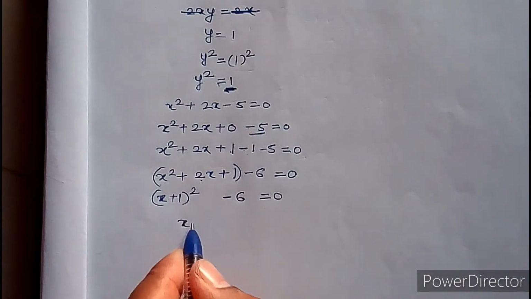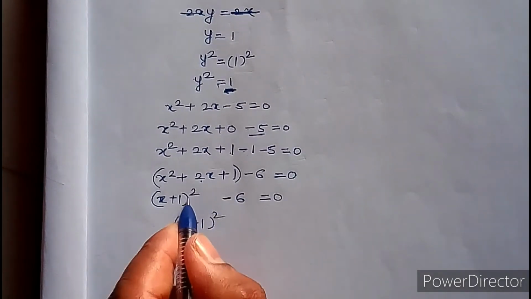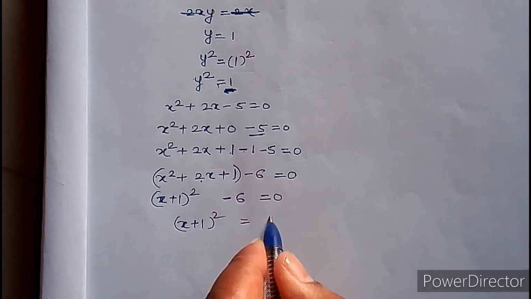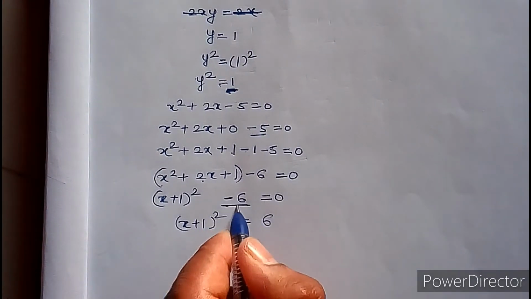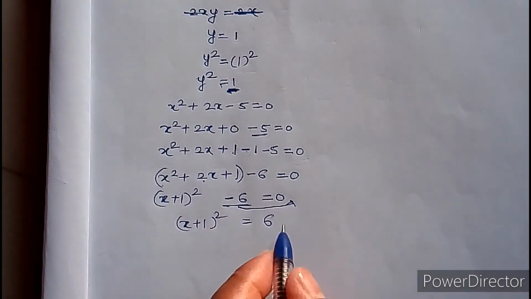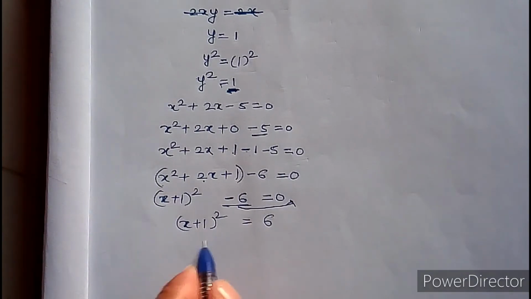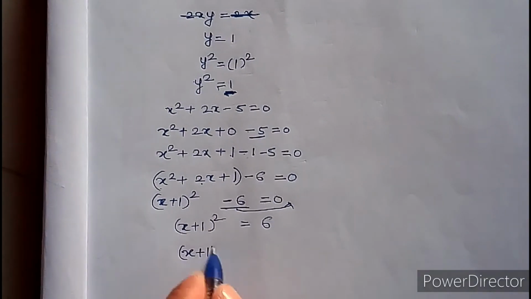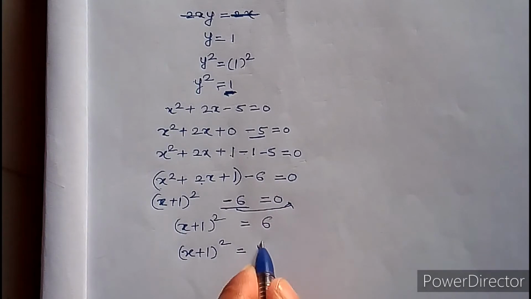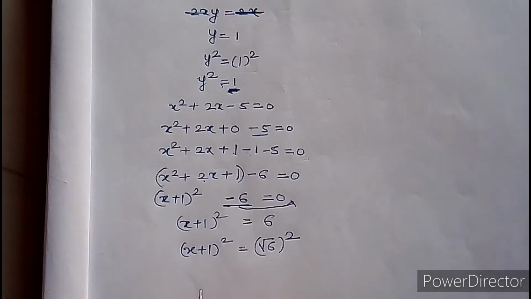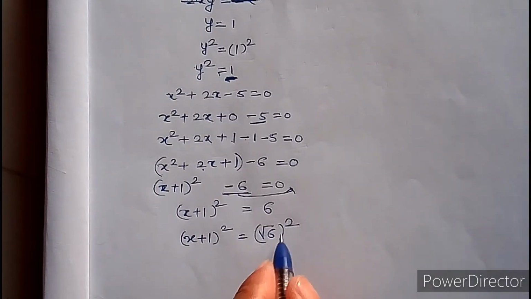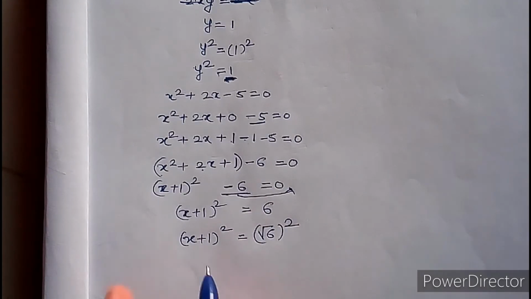It means that the value of x plus 1 whole square will be equals to plus 6. On shifting this minus 6 to the right hand side it becomes plus 6. Now it can be written as x plus 1 whole square equals under root of 6 whole square. When you take root of 6 square, that is plus 6.